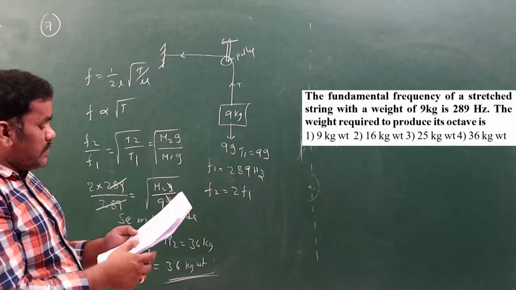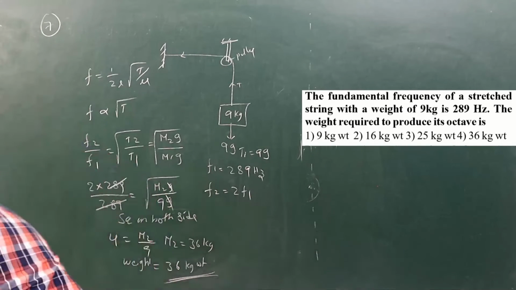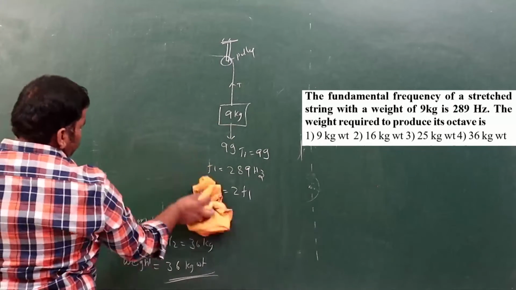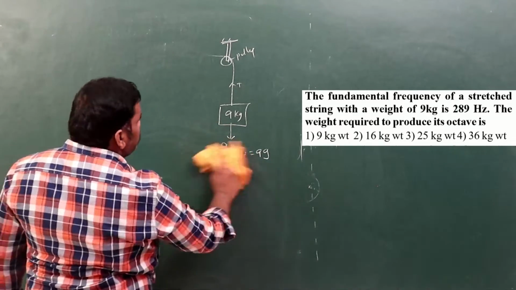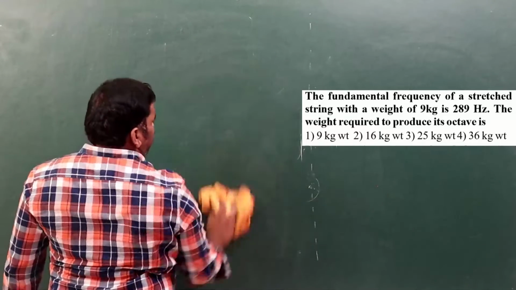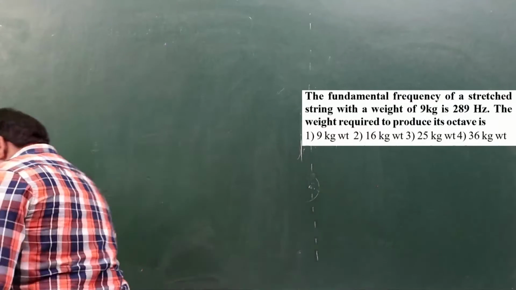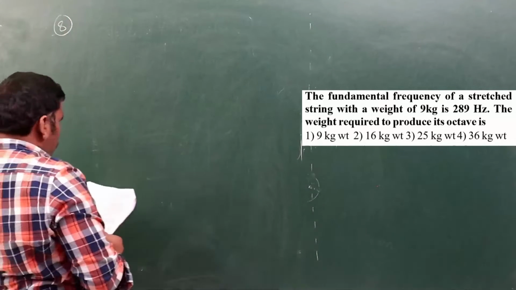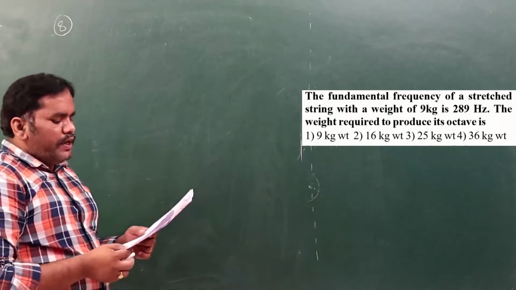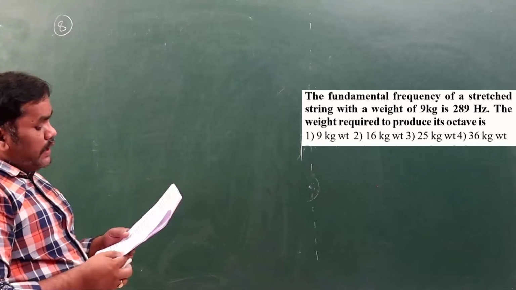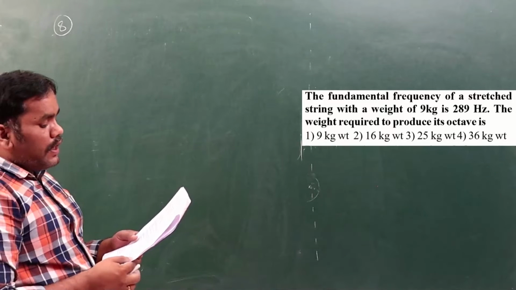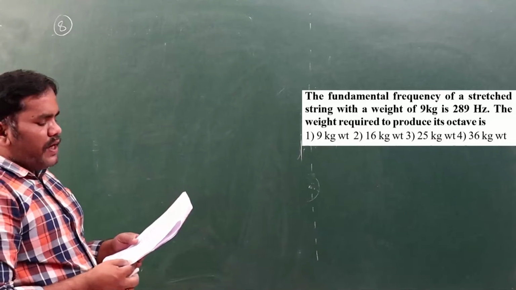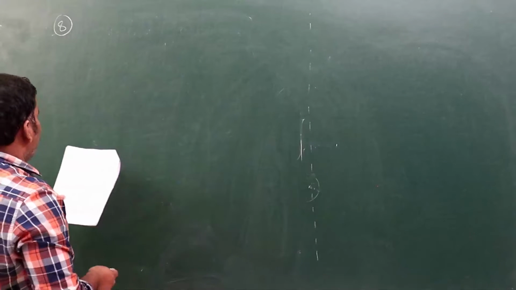Next question number 8. The ratio of the speed of sound in nitrogen gas to that in helium gas at 300 Kelvin, assuming both the gases to be ideal.